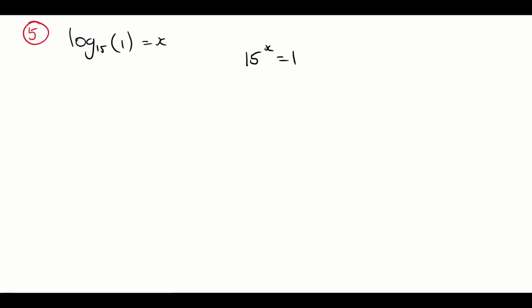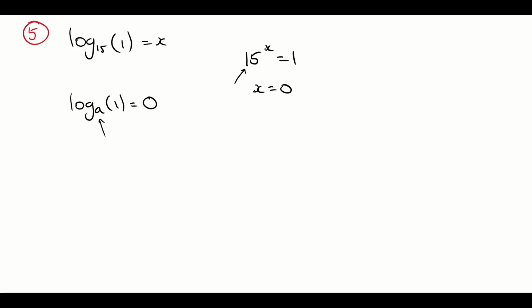Well, anything to the power of 0 is 1. So x here is just 0. In fact, log to the base a of 1 is always going to be 0, no matter what the base is, whether it's 15, 100, or 2, because anything to the power of 0 is 1.